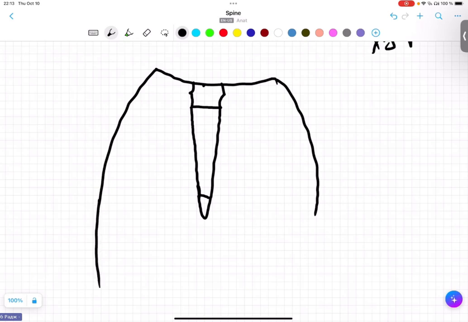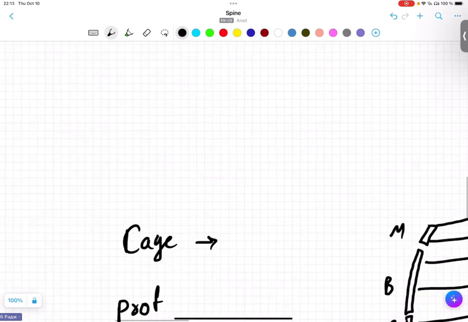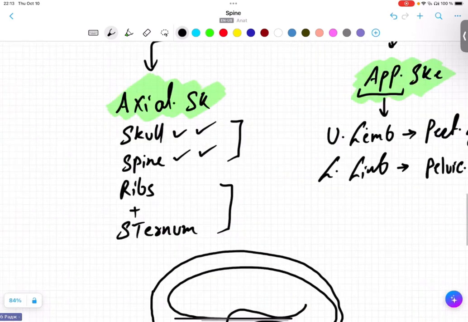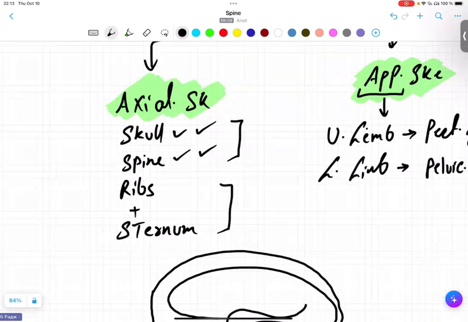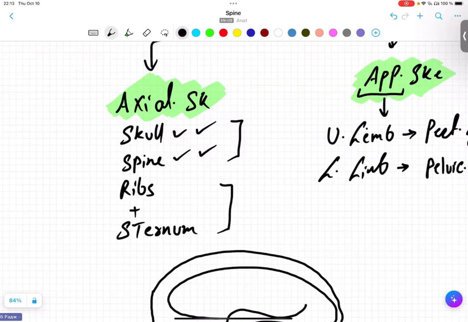Like I will tell you about the intercostal muscles, they help in breathing. So in the axial skeleton you had the skull and the spine, and I told you the function. You had ribs and the sternum, and the function of it was to form the thorax.